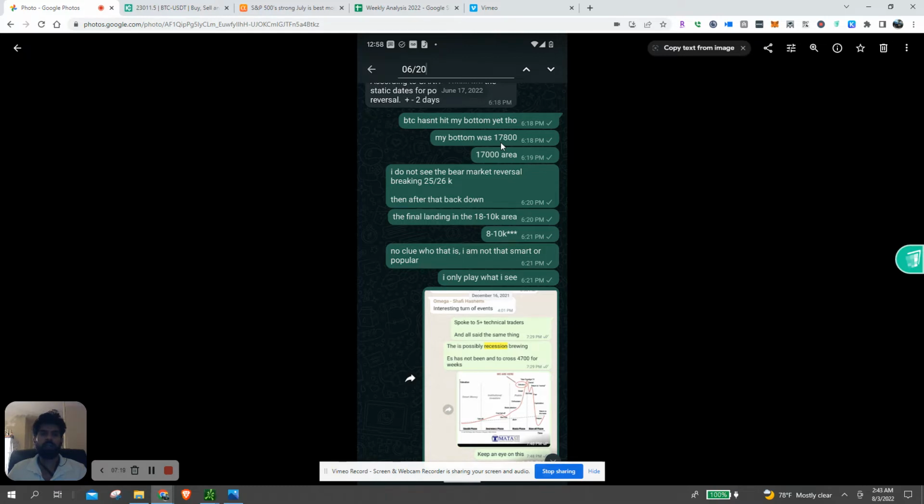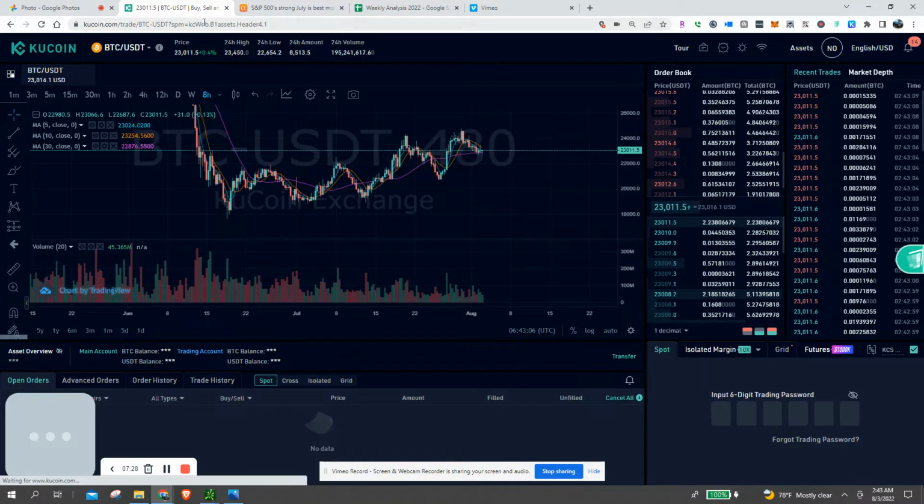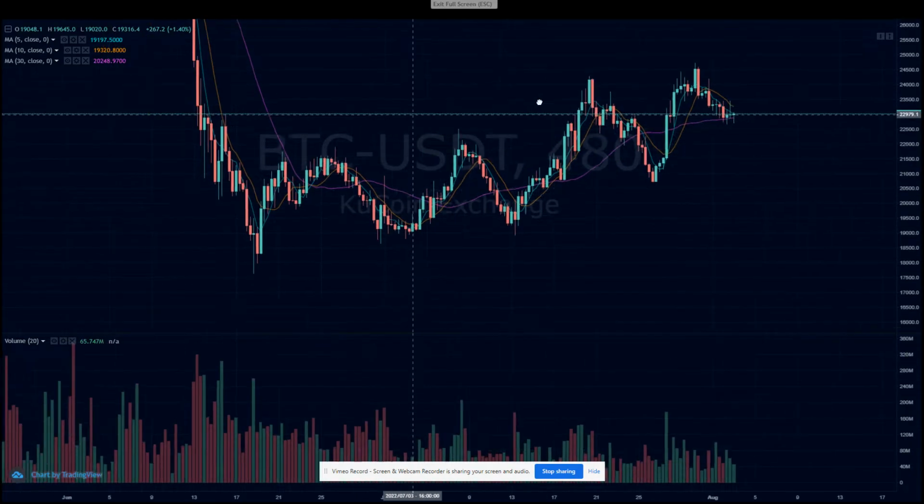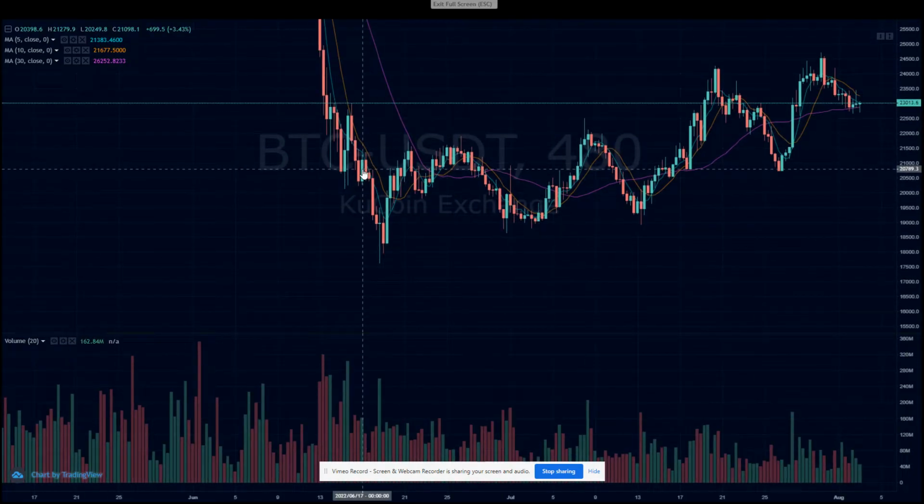I think a lot of people at the time were saying the bottom is in. If we come over to our KuCoin platform, which is used to trade crypto, on July 17th we were sitting at this 20,000, 21,000 mark.